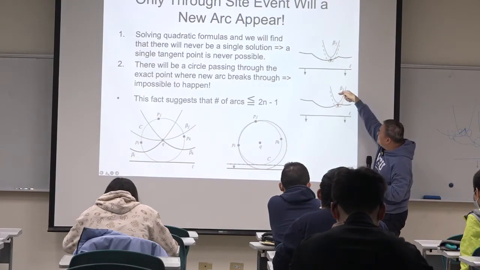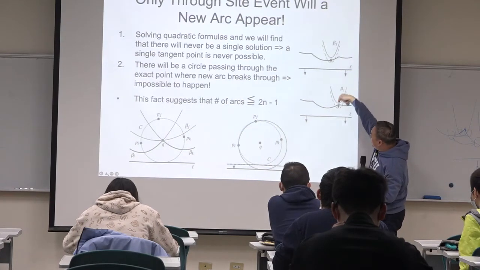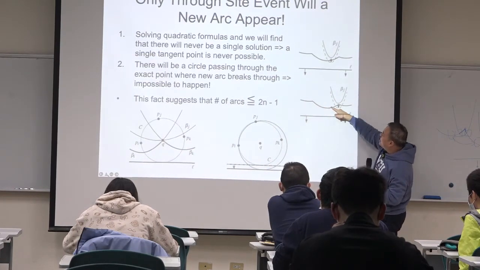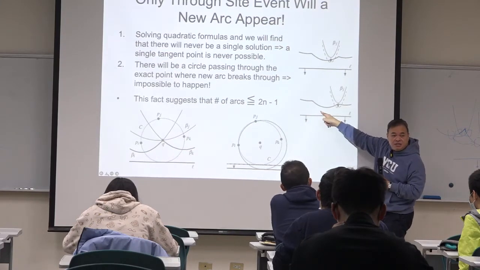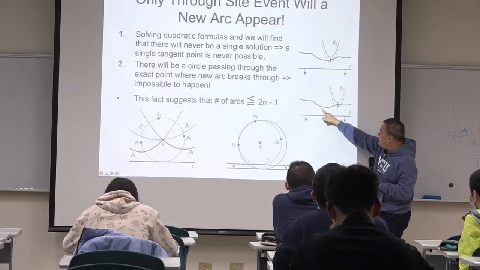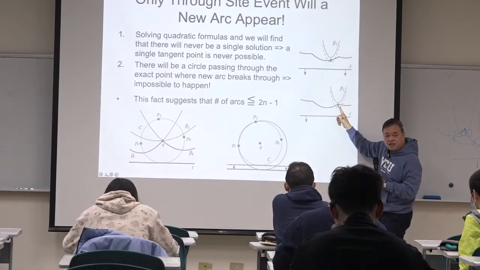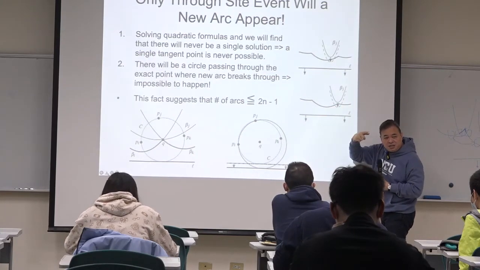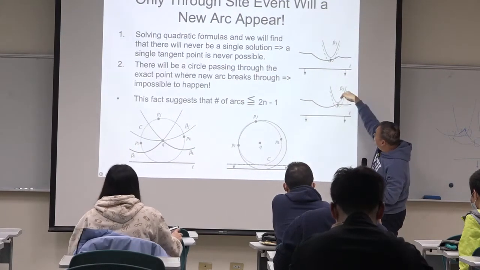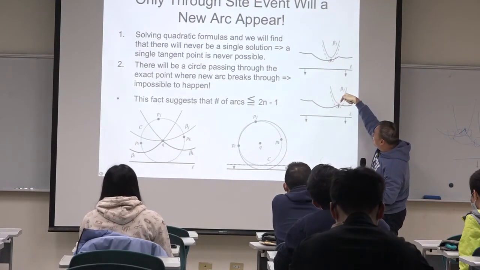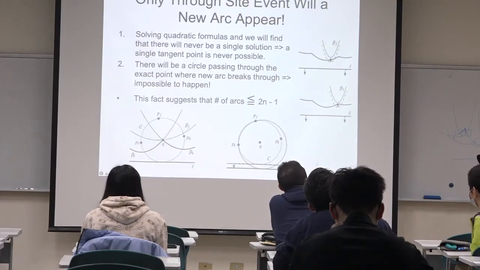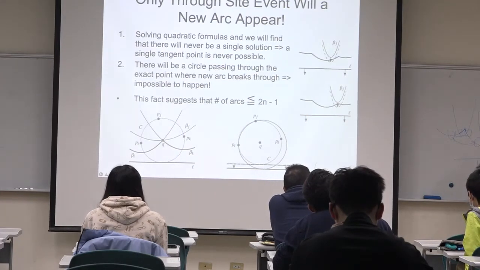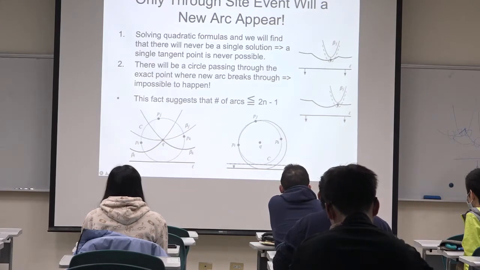Because before this parabola breaks out, these two parabolas are neighboring each other, right? That's PI, that's PK. That's exactly what you are considering here. So they will induce a straight line, yes. But when this one breaks out, it will induce two lines: this one by PI, PJ, and this one by PJ, PK.